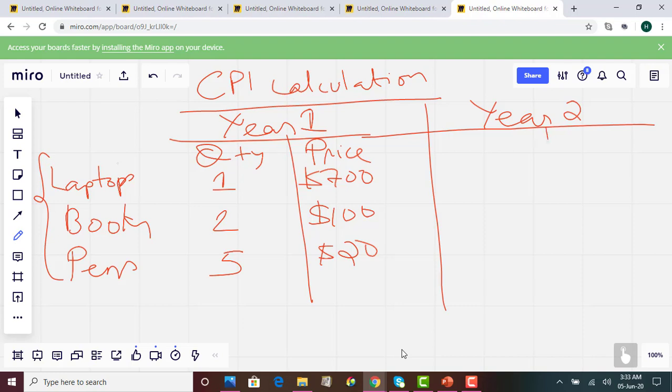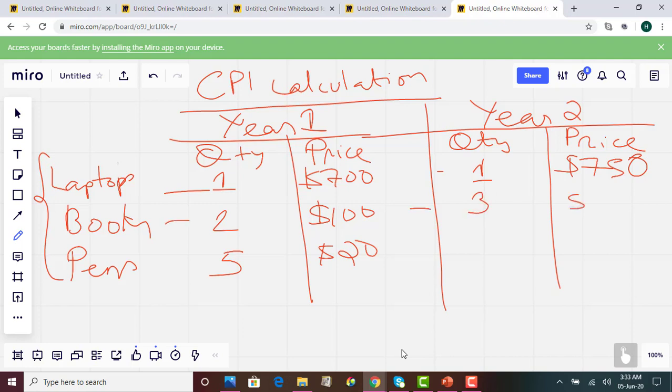In year two, we again have quantity and price. For the laptop we still have one, but now the price has gone up to 750 because of inflation. For books, the quantity has gone up to 7 and the price has also gone up to $50.